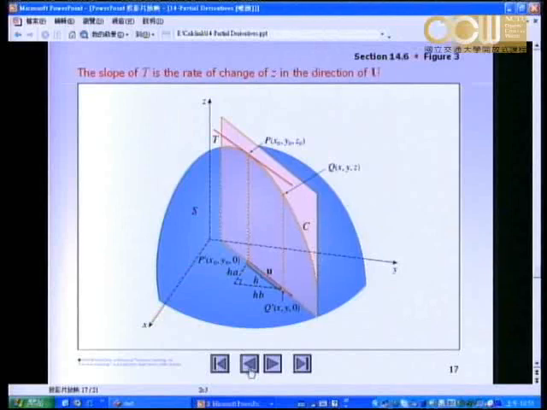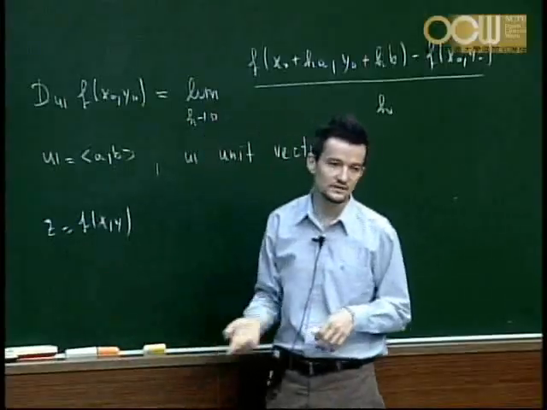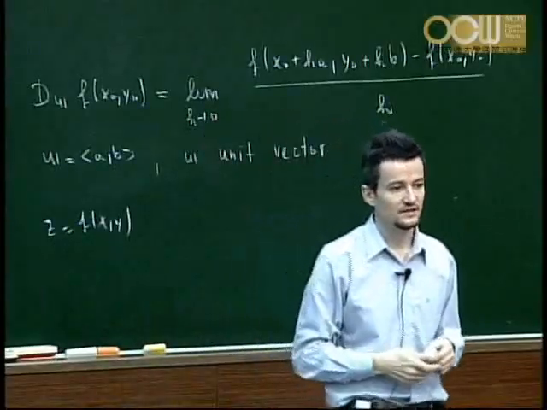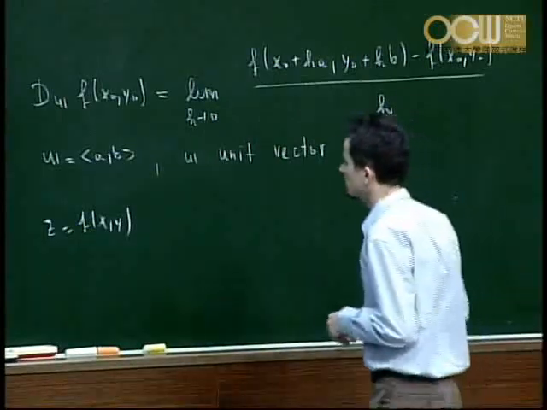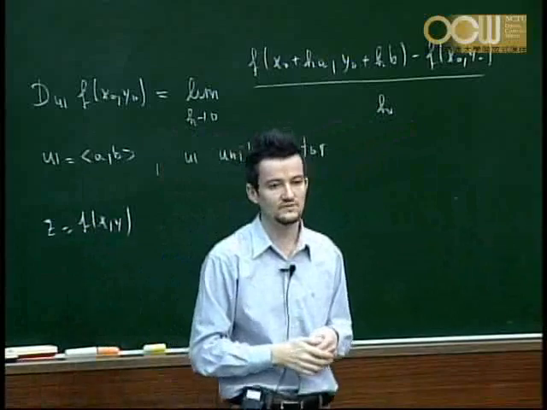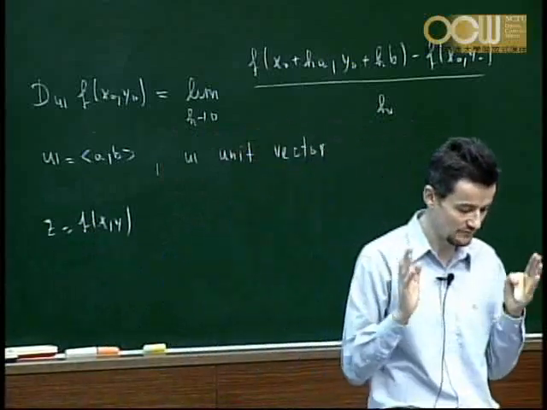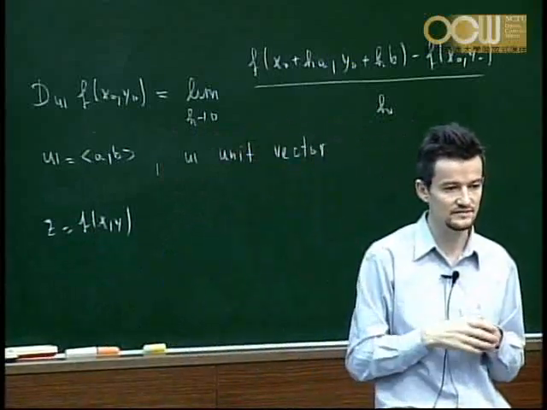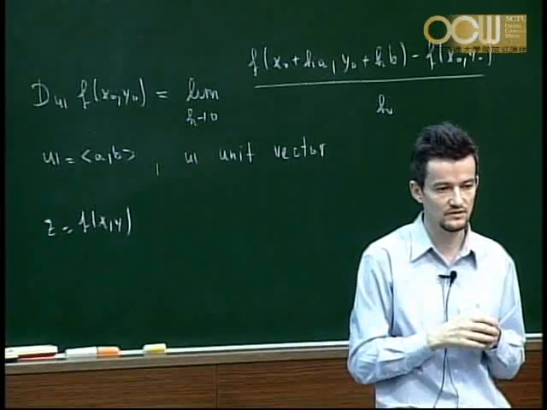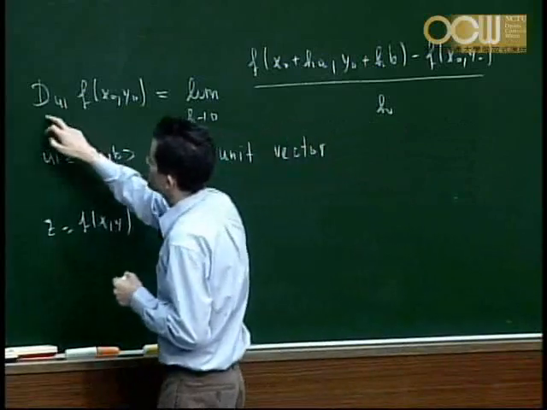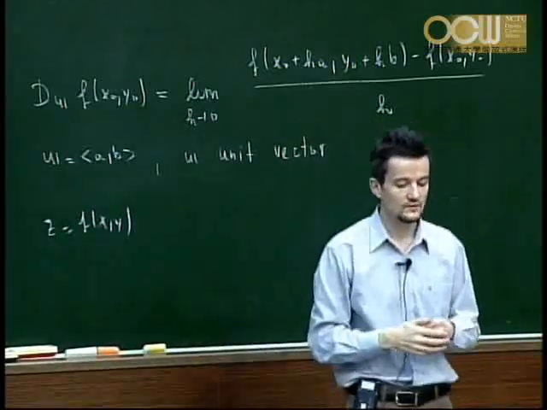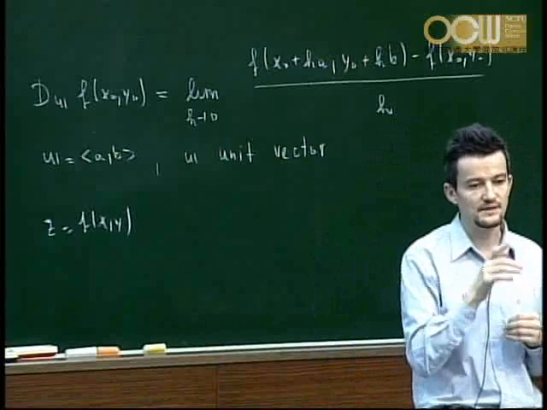I know that in previous homeworks we had these very easy examples where you are given a function, a point, and a direction, and you should compute the directional derivative. The direction was given by a vector, for example i plus j, where i and j are the unit vectors. So for instance, compute the directional derivative of some function at some point in the direction of i plus j.